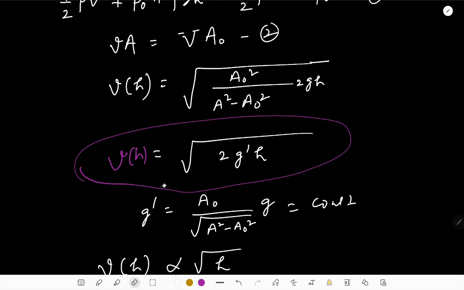Because I know this equation, and if I write v in terms of h, I can write v dash at h by 2. Remember, I'm talking about the moment when half of the water has flowed out. Then that means the height of the water column that was initially H has now lowered down to H by 2.